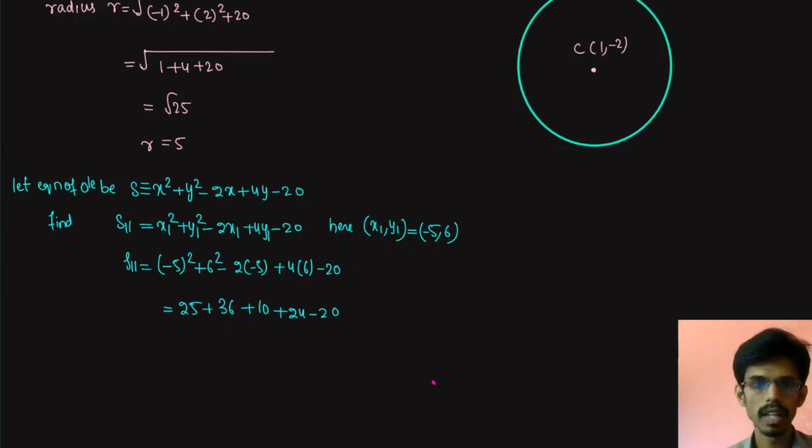Okay, this value is greater than 0. Hence we say that S11 is greater than 0. Obviously this is a positive number.